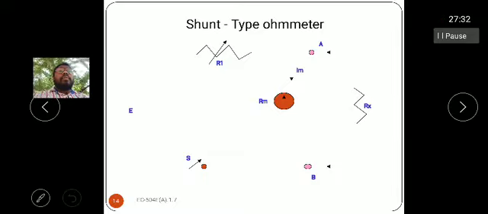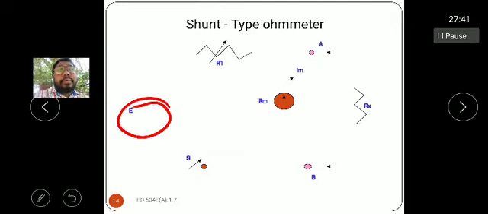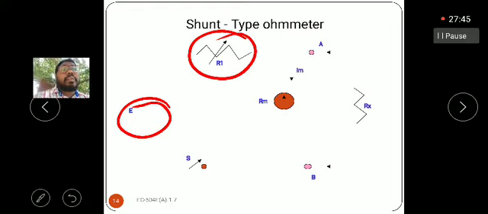The shunt type ohmmeter. In this particular circuit diagram, what we have to observe is that we have connected the battery, and the variable resistance R1 is connected in series with the battery.